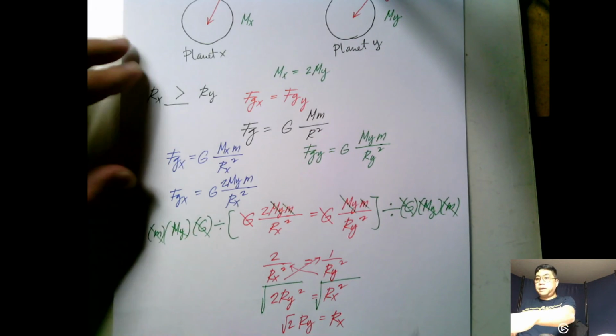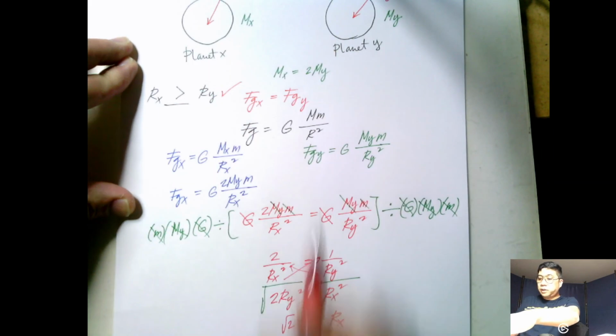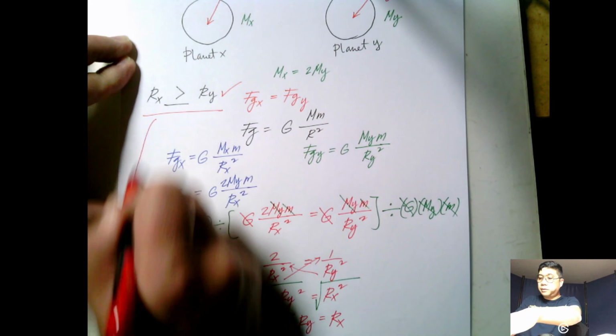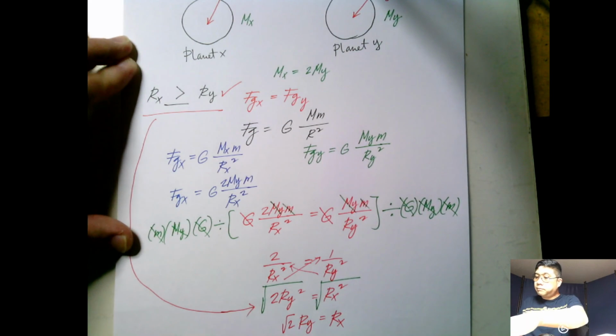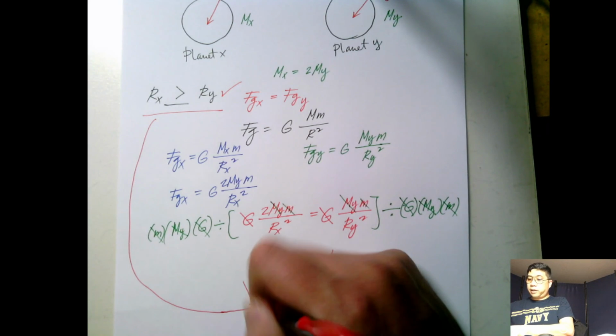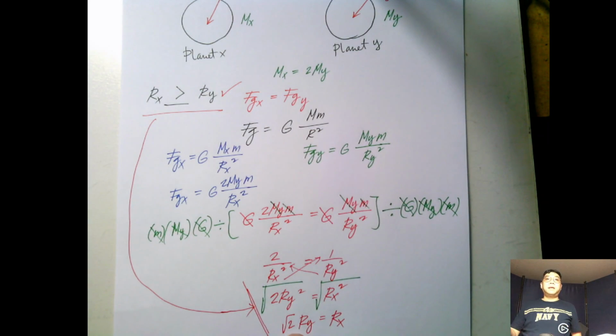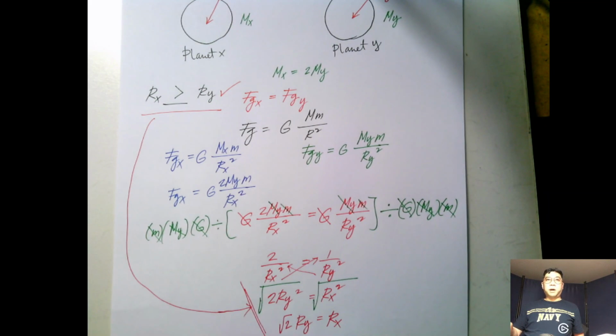So let me just zoom out so we can see. Therefore, this is correct, as it shows over here on this side of our solution, that r sub x is greater than r sub y by the product of square root of 2.